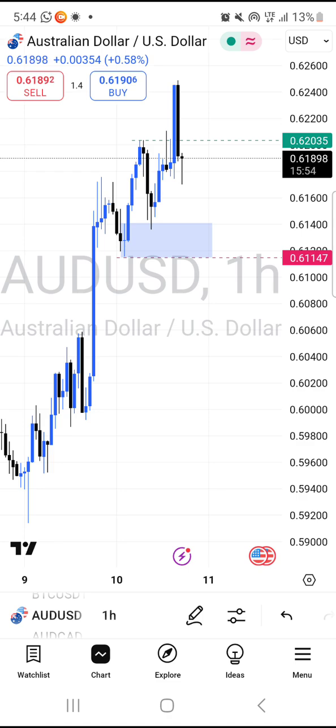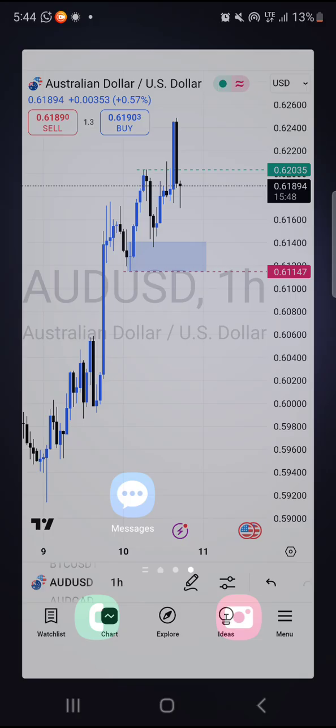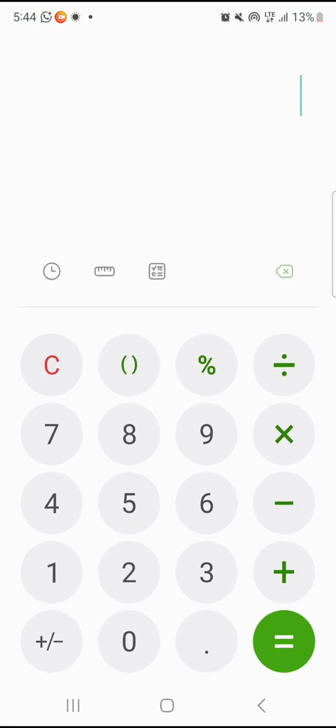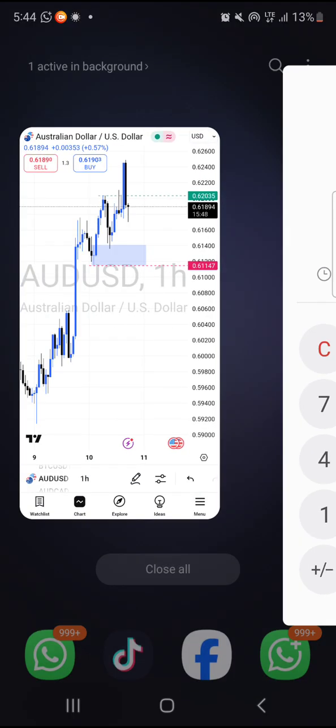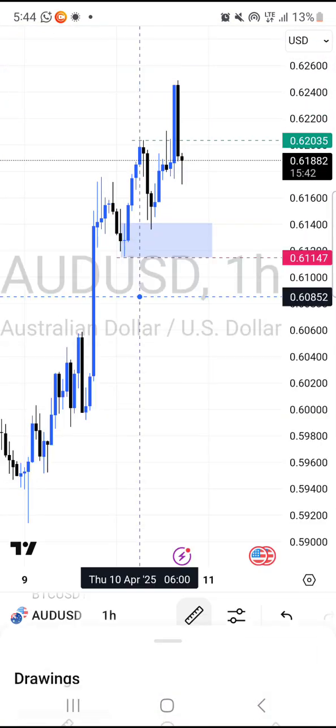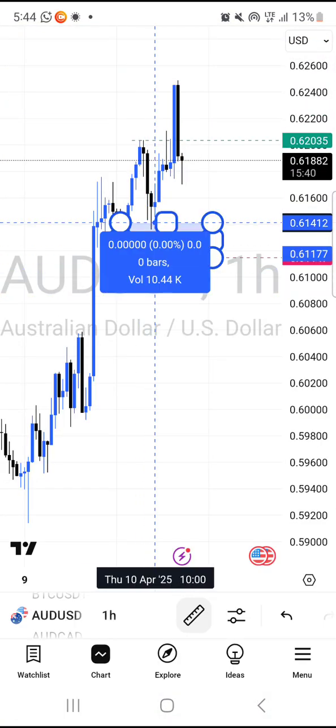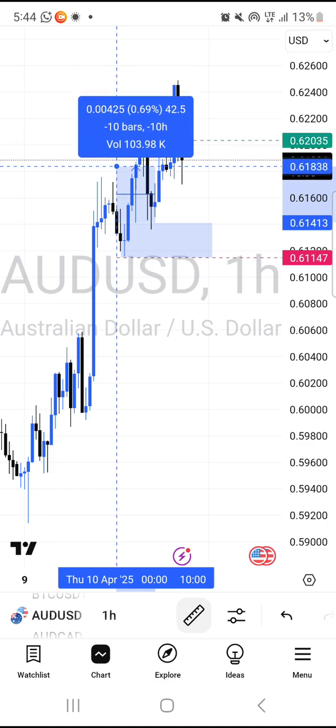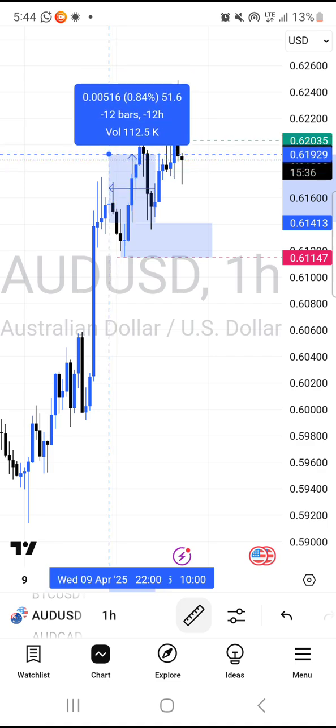So let's say you just want to catch 1 to 2. 1 to 2 means that you want to make two times what you are risking. So 26 times 2 is 52. So your TP will be at 52 pips. Use your measure to check where 52 pips is.